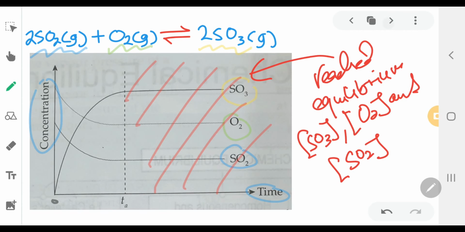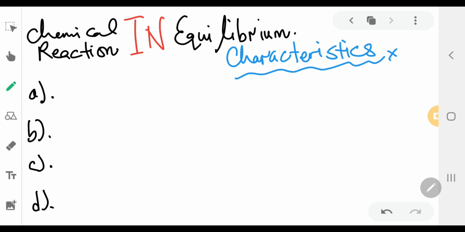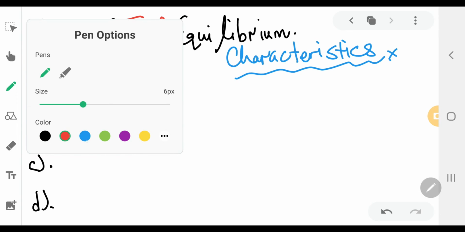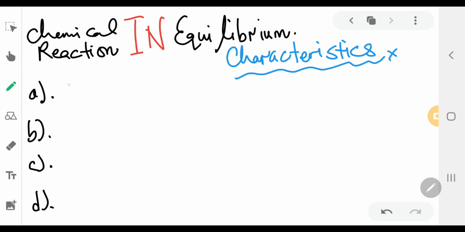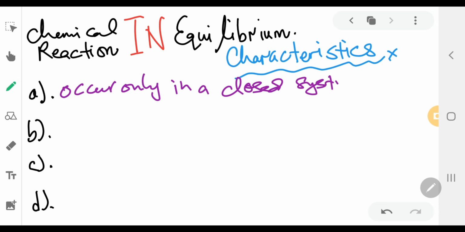Okay, so for chemical reactions in equilibrium, we have 4 characteristics that you need to know. The first one, the most important one, is that a chemical reaction in equilibrium will occur only in a closed system. Okay, so it means you do not have any kind of interruption from the outside.